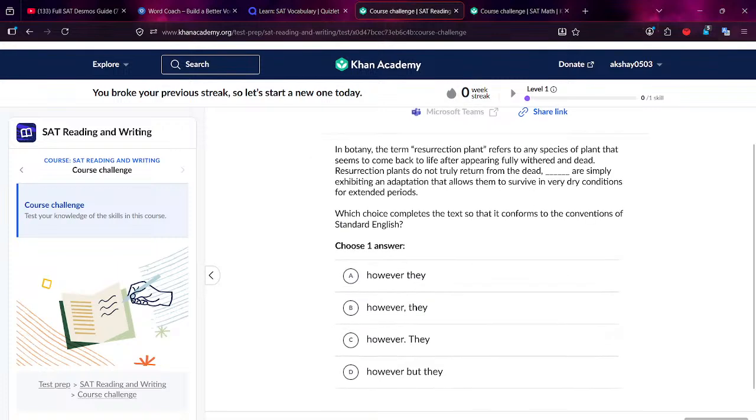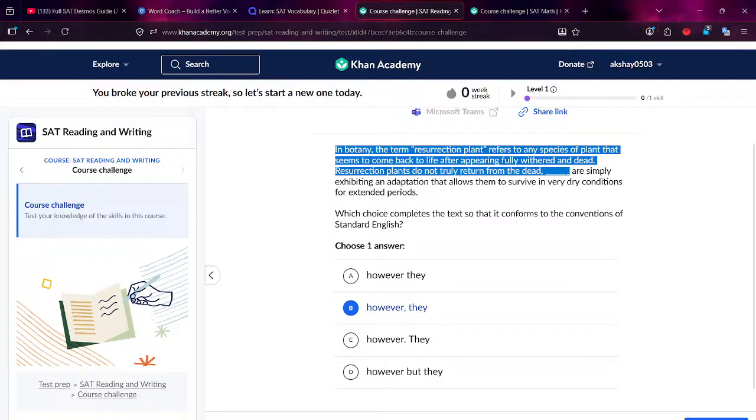Standard English, right? Resurrection plants do not truly return from the dead. However, they are simply... okay. The term resurrection plant refers to any species of plant that seems to come back to life after appearing fully withered and dead.